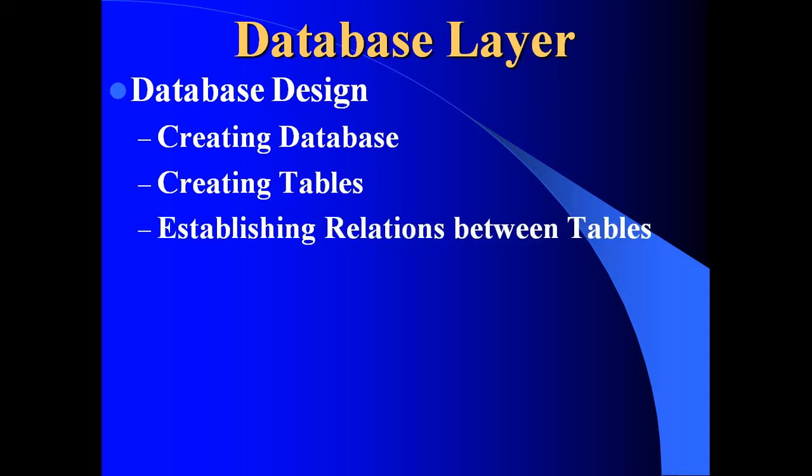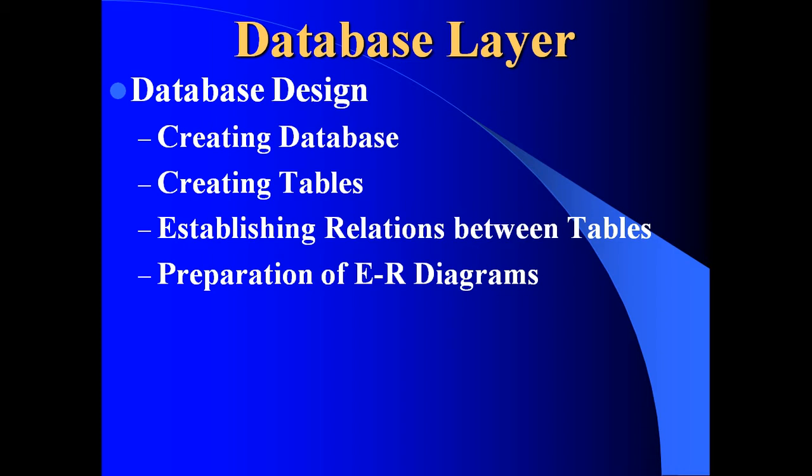The next one is establishing relations between the tables. Those relations may be primary key relations or foreign key relations, whatever relations are required within a table or between tables. So constraints have to be established within a single table or between two or more tables. Then the next one is the preparation of ER diagrams, that is, entity relationship diagrams between the tables, whether one-to-one, one-to-many, many-to-many, or many-to-one.